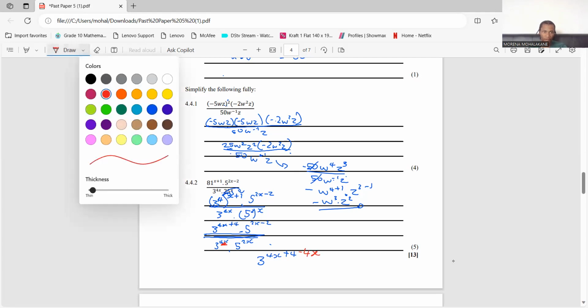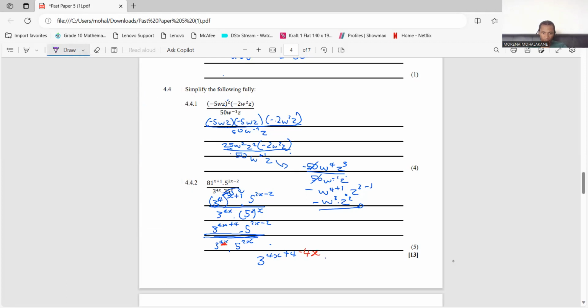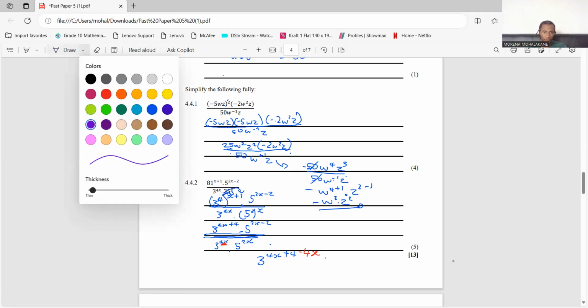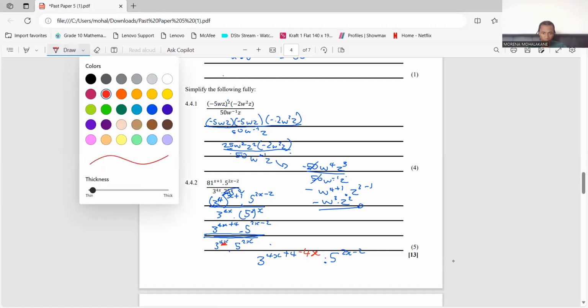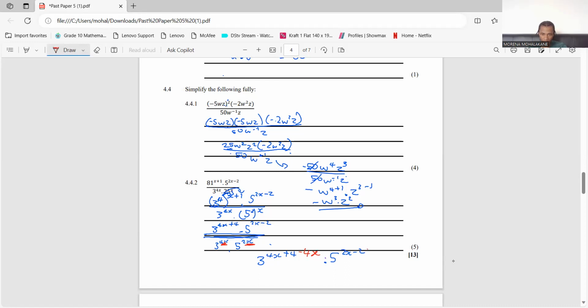Then you have 5 exponent 2x minus 2, and this 2x here is going to be minus 2x. The 4x eliminates the 4x, so 3 exponent 4 times 5 exponent negative 2. So this is 81, which is 3 exponent 4, all over 25, because this is going to go to the denominator.